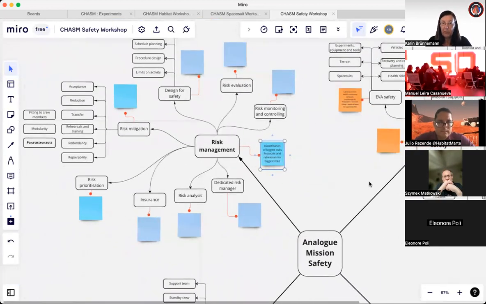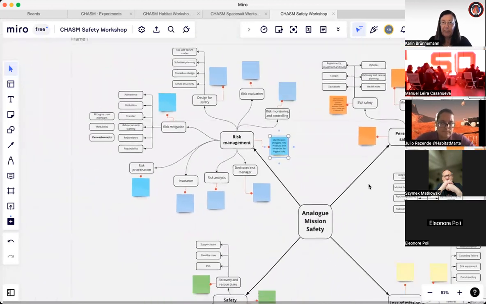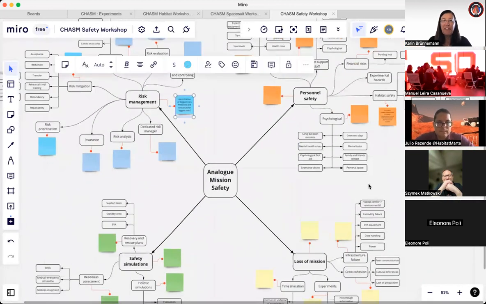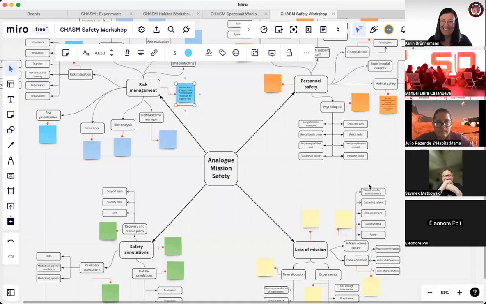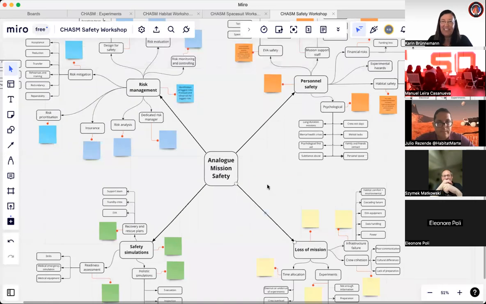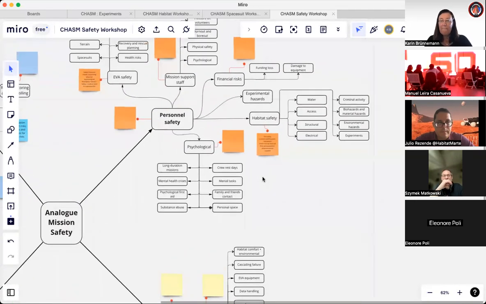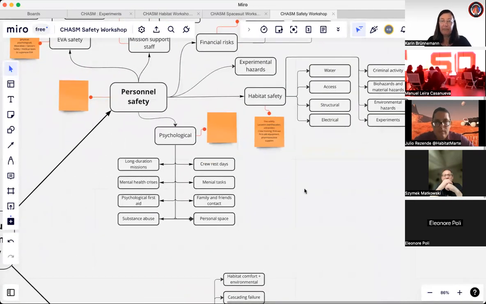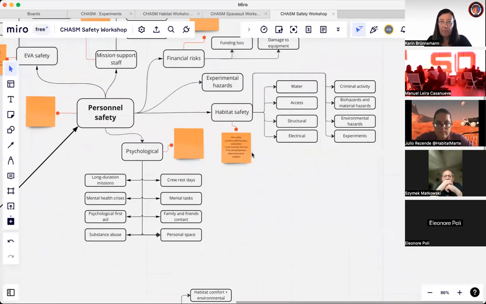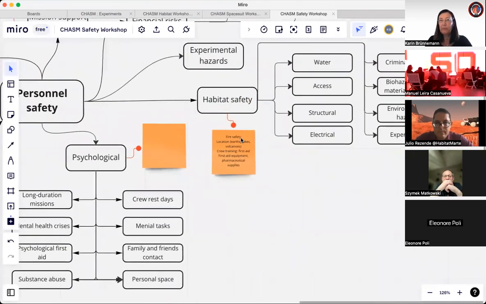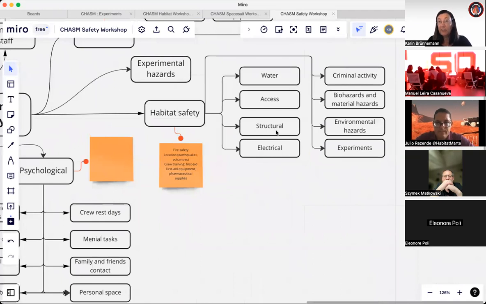I'm just zooming out a little bit again, so we have the overview effect once more. If we go back to the personnel safety, to check that we have covered everything in the habitat, for example, we said access, structural, we need to make sure that the roof doesn't collapse.